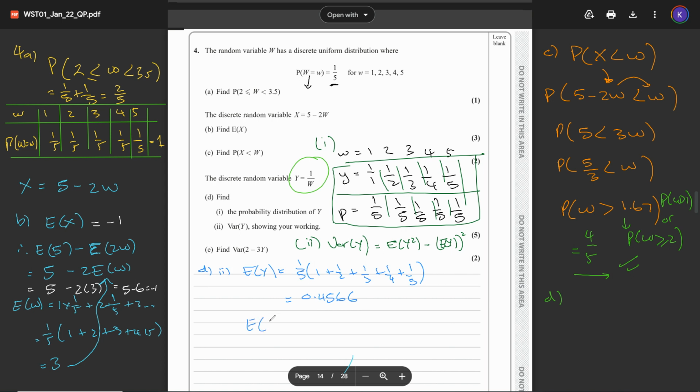So the expected value of y squared is exactly the same thing, except we just square each of these. Okay, now that I've got that, I can calculate this part here, and this will be 0.2927.